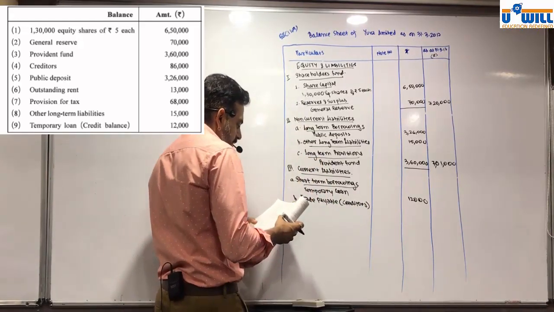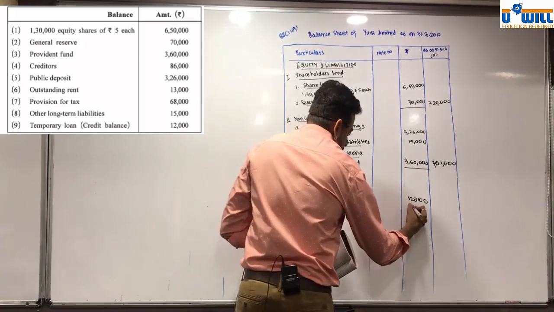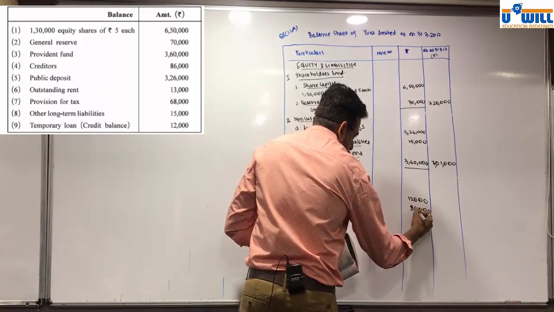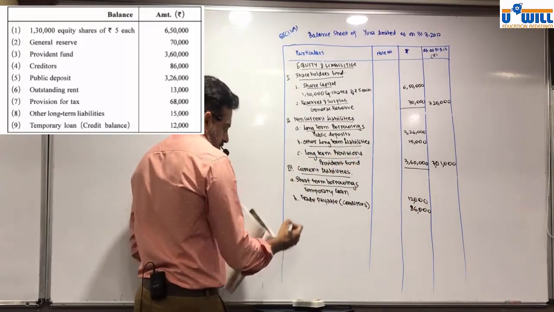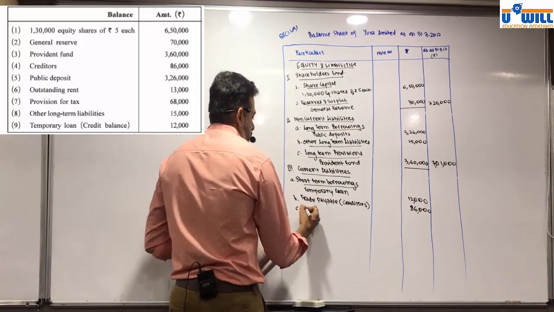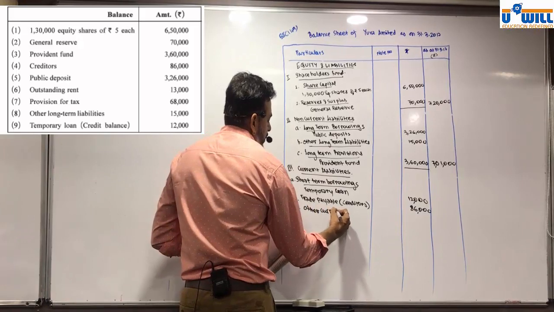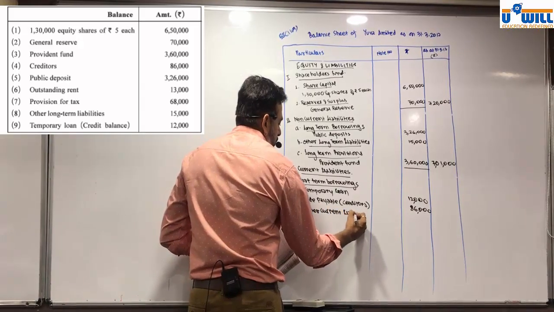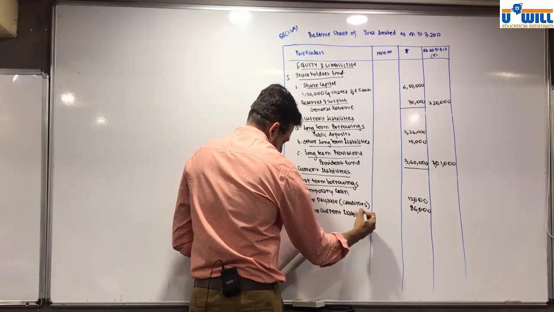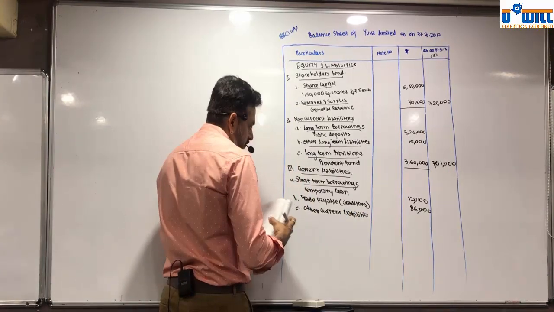Trade payable, creditors, 86,000. Other current liabilities. Outstanding rent.